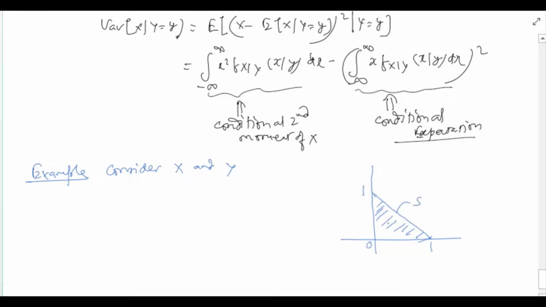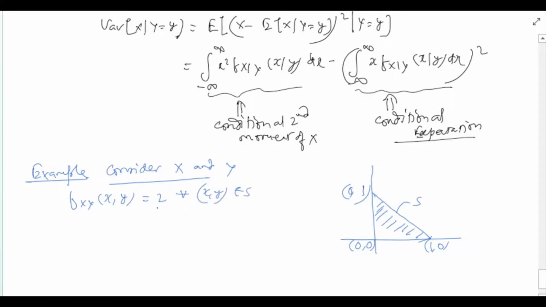So the xy pair takes values in this region. And the probability of the xy pair taking any value in this region is the same. So the joint density function of x and y is a constant, which is 2 for all xy in S.